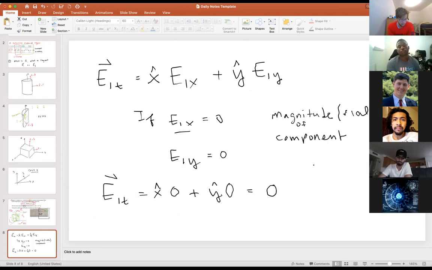Okay, that makes sense. So that's what that means. And so the tangent field must always be a vector component.